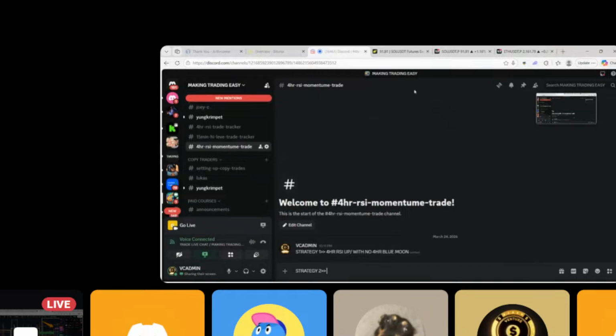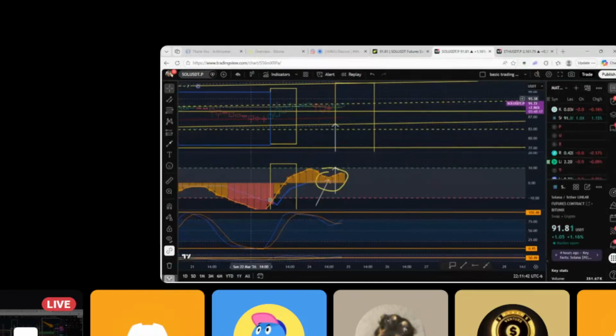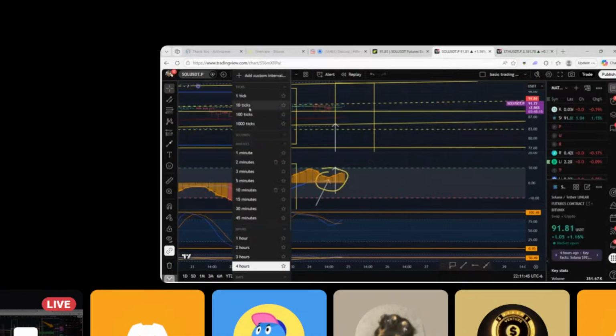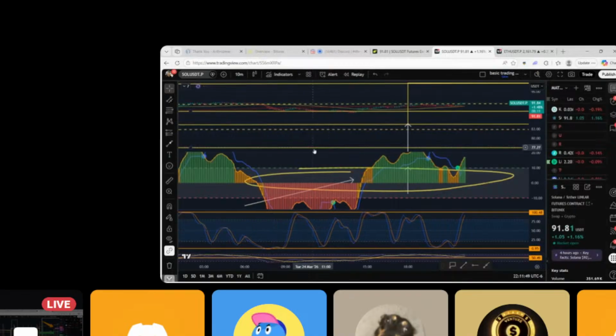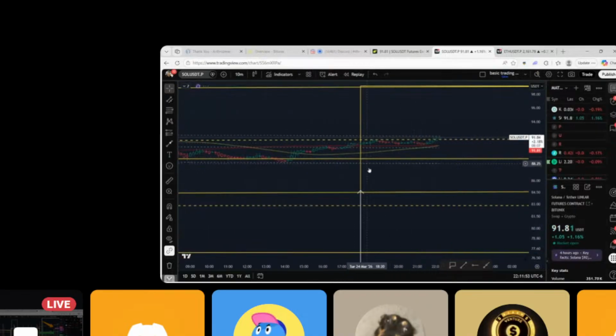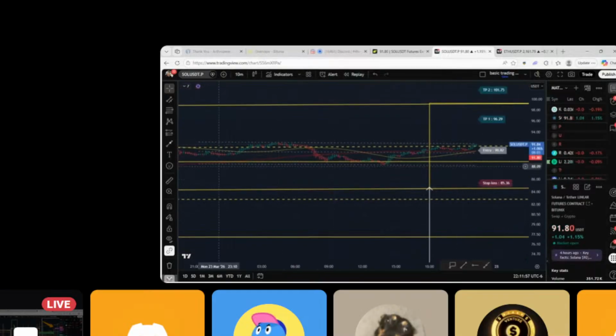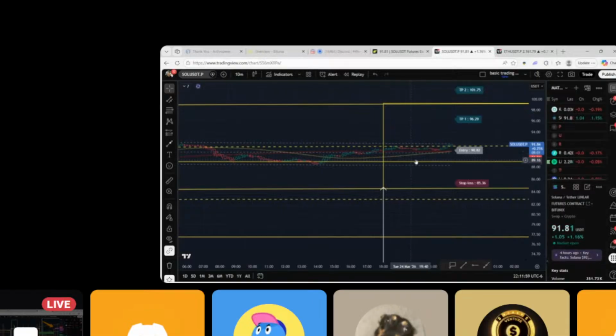So how are you going to enter this trade? We go to Solana. Normally the entry is going to be on the lower time frames. A lot of times what guys do is this: if we look here, we already know what this yellow box represents, and this white arrow represents the time that we would be getting into this trade.